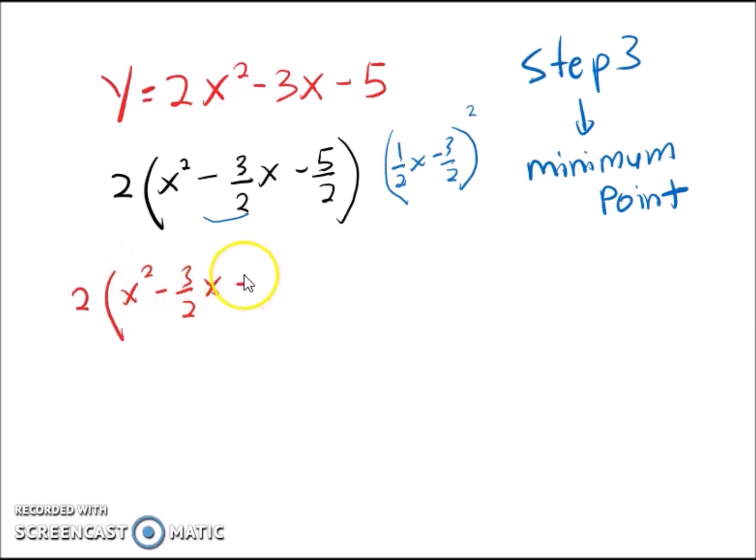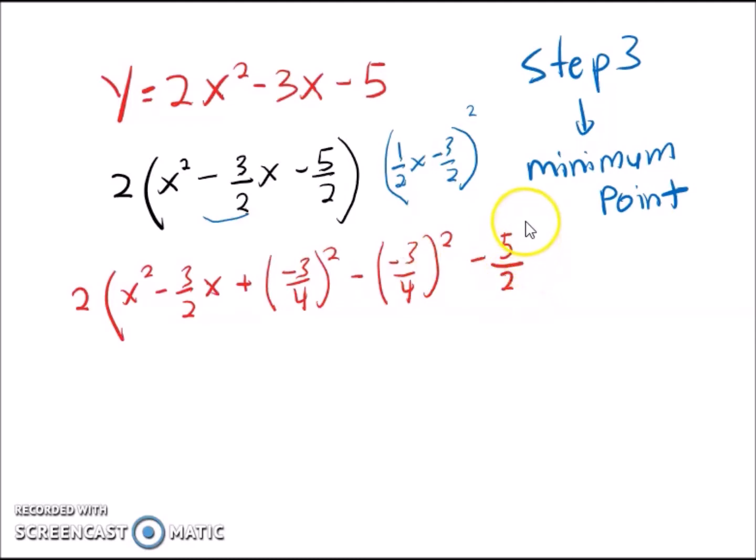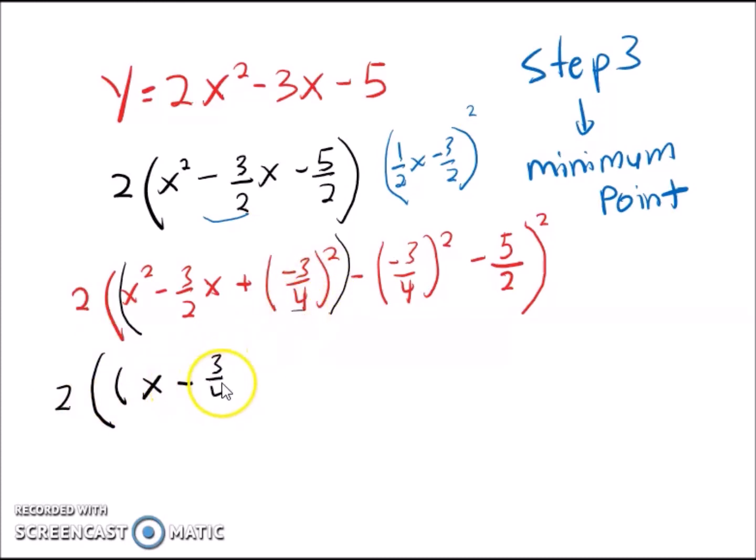Then we just have to add this, put a bracket. This is minus 3 over 4 squared, then we minus again with the same thing, squared here, and then we minus 5 over 2. Don't forget to put the bracket over here. And then we are going to factorize the inside one. So we have, don't forget to put the 2 bracket, x. Since here we have a minus, we put here minus 3 over 4.